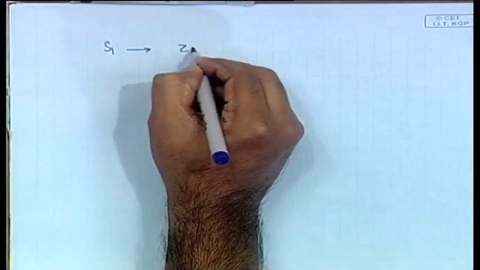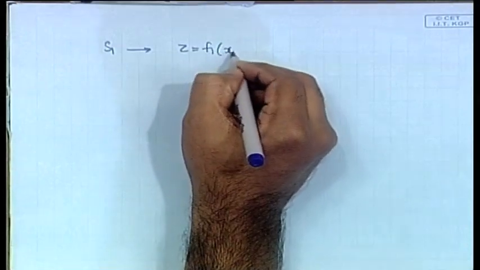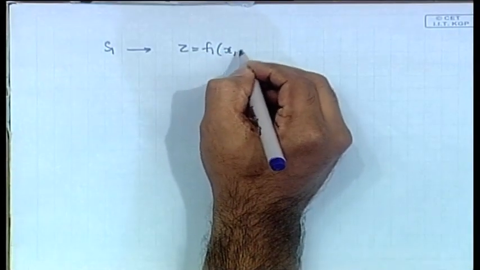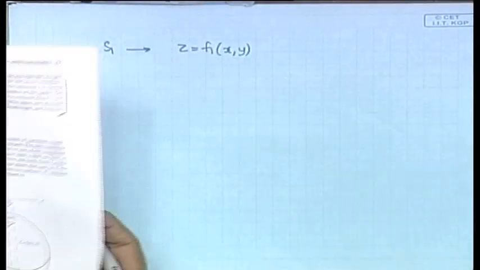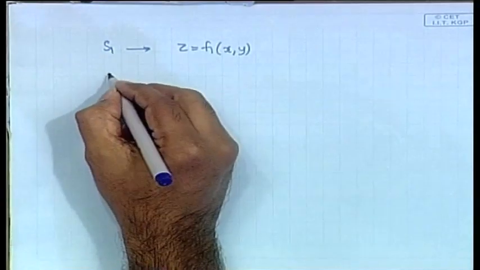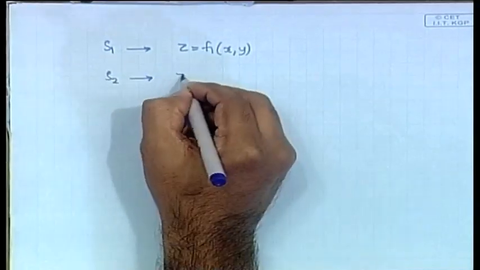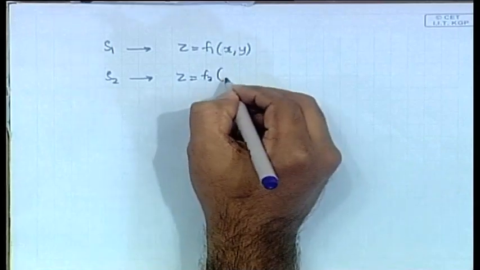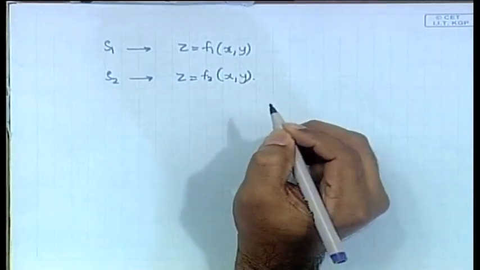The top surface S1 is given by z equals f1 of x and y, and S2 is given by z equals f2 of x and y.